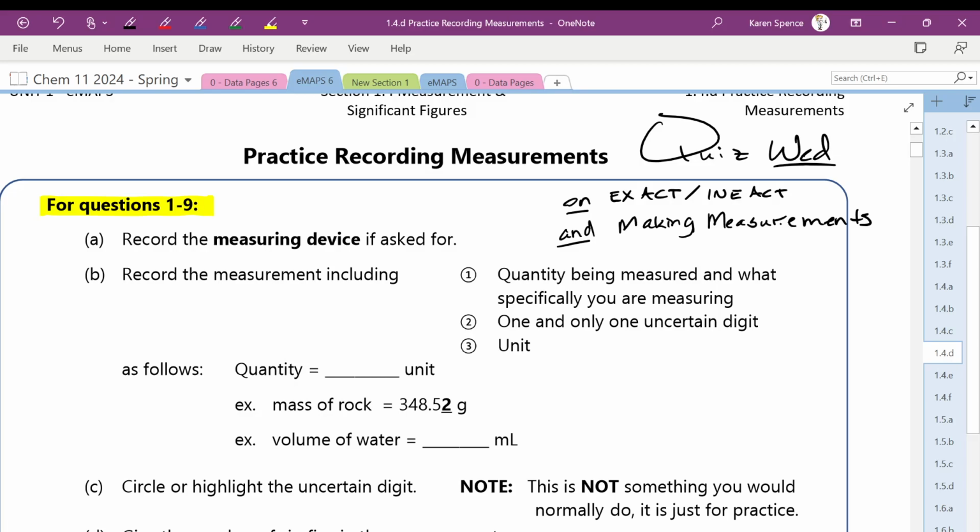Oh no, we don't need to know that. I just want to know if it's a measurement or if it's something exact. I want to know if this number is an exact number or if it's approximate. So could I get exactly 12? No. So that means that that is inexact.